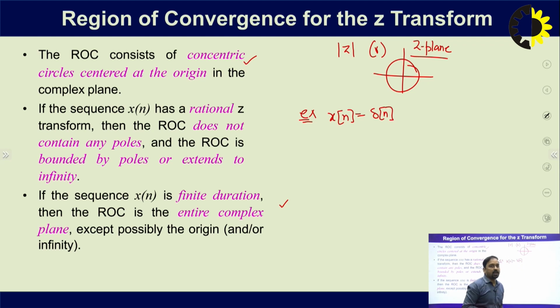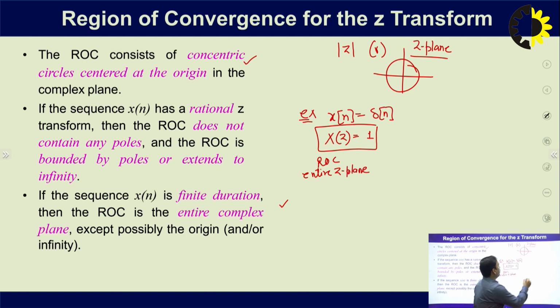If x[n] is delta[n], we are clearly able to calculate the Z transform: X(z) equals 1, and we can say that the ROC is the entire Z plane.